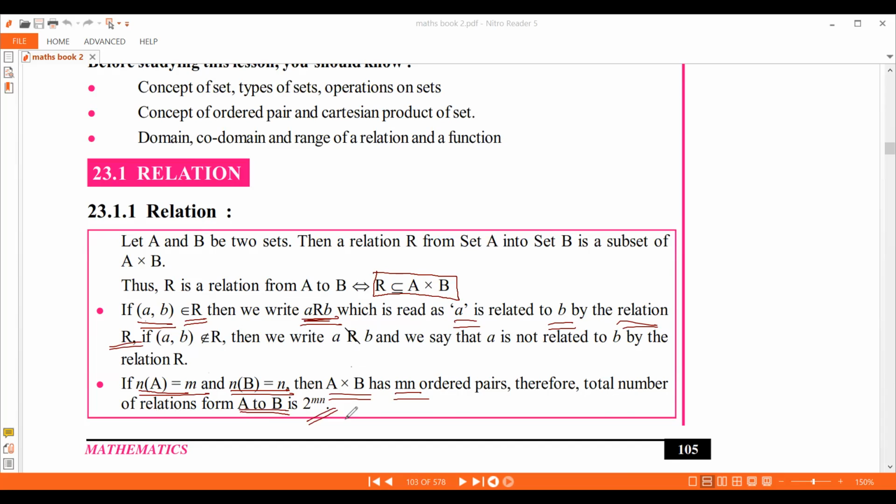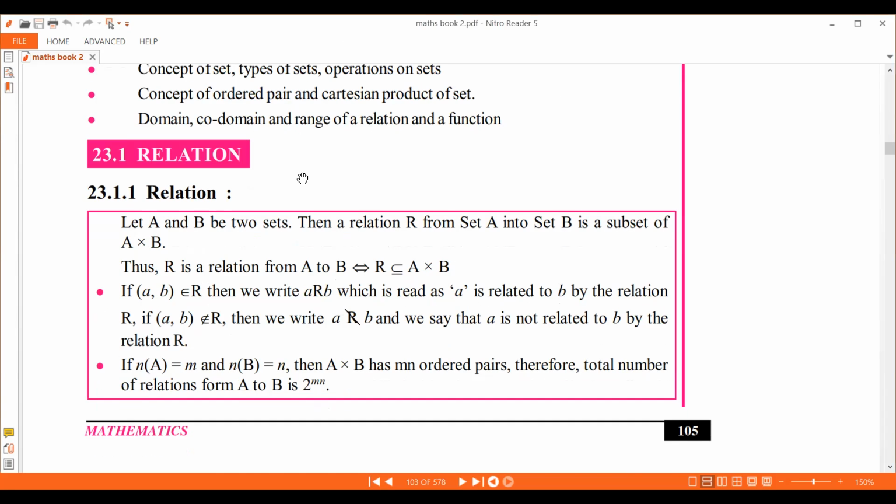So this is the concept we have done. How exactly it is 2 power mn, I think I told you, but it's okay, I will tell you. It's simple. It is based upon the binomial theorem, which I told you about.